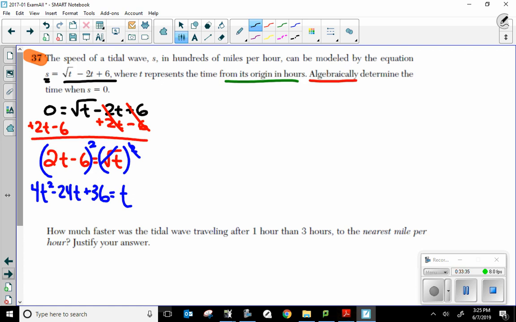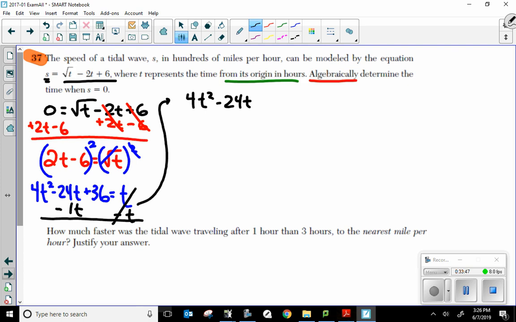So I'm going to subtract 1t from both sides. And I now have 4t squared minus 24t, minus 25t plus 36 equals 0.